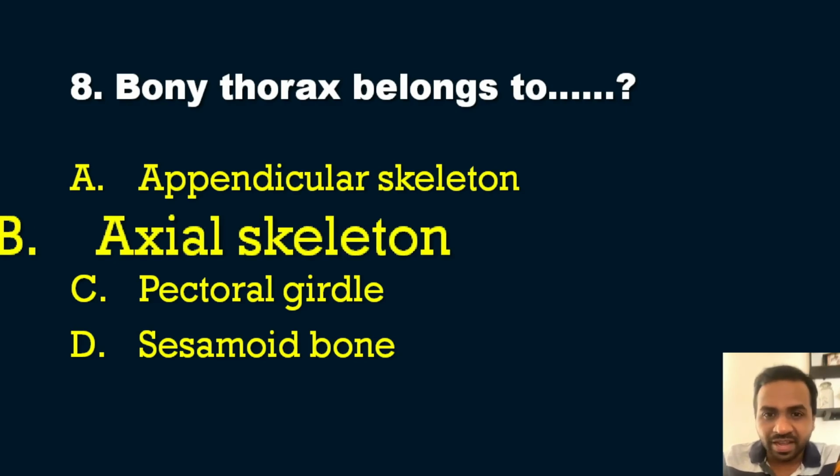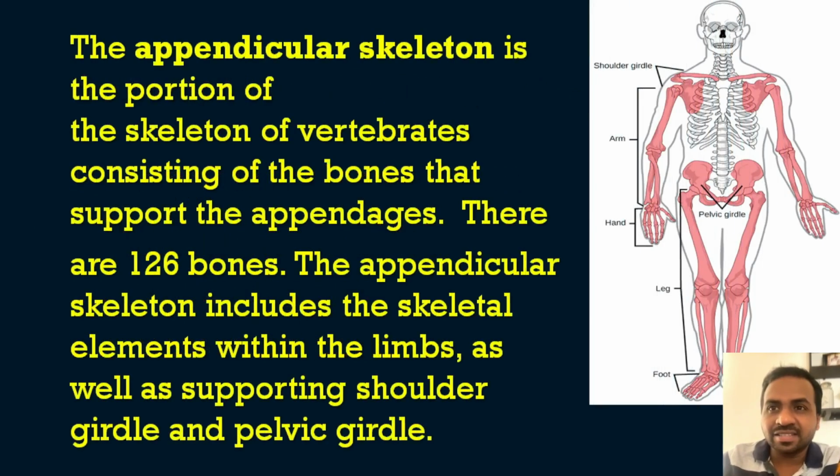So with the help of a diagram, I will be explaining regarding the axial skeleton and the appendicular skeleton. The picture you are seeing on the screen right now is the appendicular skeleton. It is a portion of the skeleton of vertebrates which consists of the bones that support the appendages. So from the name itself, appendicular skeleton.